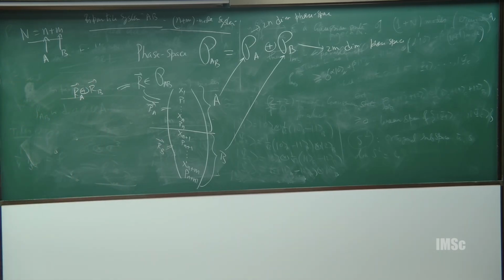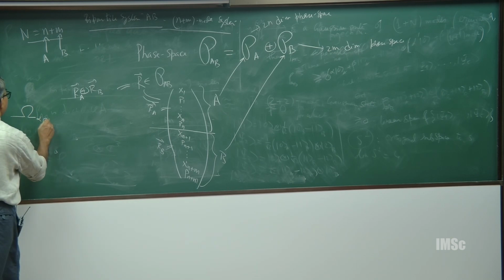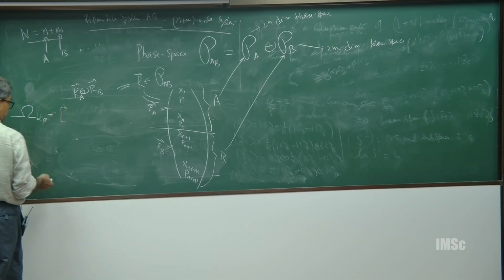Okay, good. So, now if I look at the symplectic matrix, remember the symplectic matrix alpha beta, what is that?